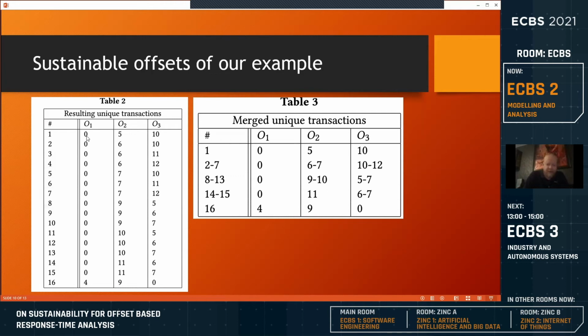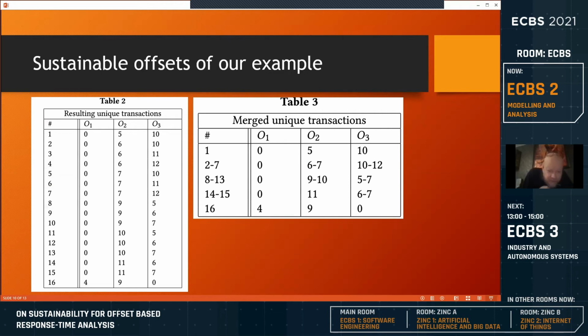You can say 1, 6, 11. And that is not a unique transaction. It's just shifting everything one step. So we collect only the unique transactions. So 5, 0, 10 wouldn't be unique, right?